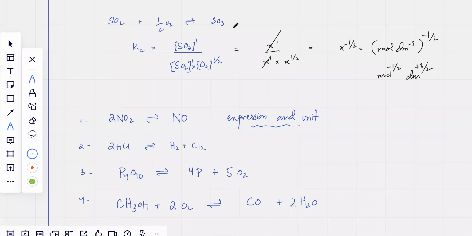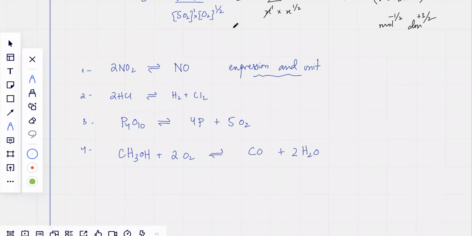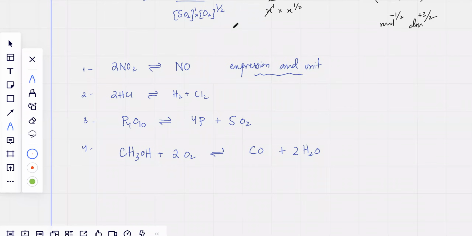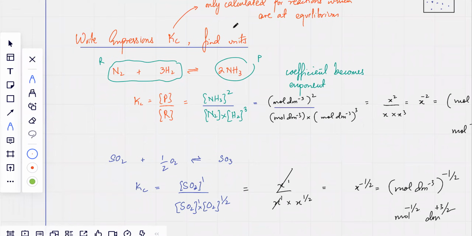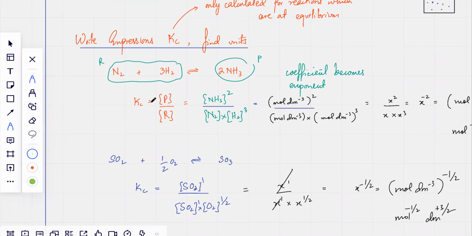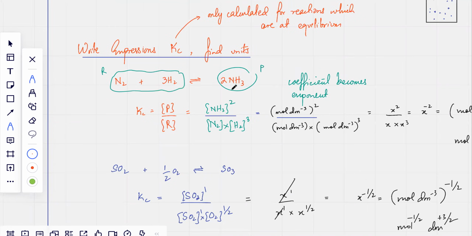So now we had done one thing. We had started doing expressions and units, and this was the last thing we started talking about. Kc, just a quick recap. I told you that Kc is the equilibrium constant. It's the ratio of the products' concentration and the reactants' concentration. You write your products, you write your reactants, and the coefficient in the equation becomes the power. That was what Kc was.